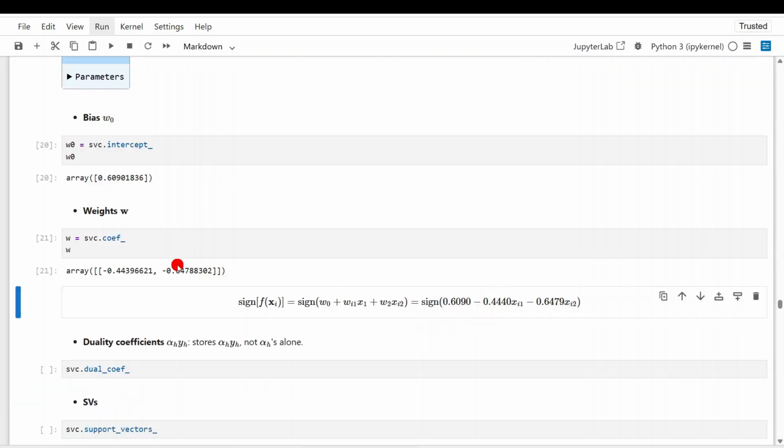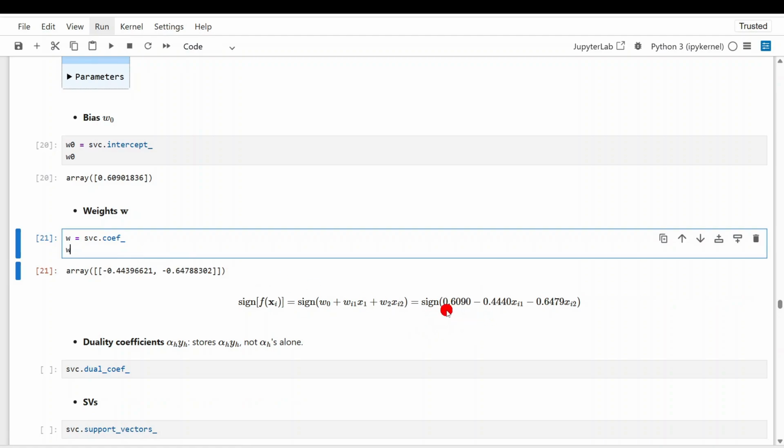But in estimating the decision boundary of the support vector classifier, not all the points contribute. Only some of the points, which are called support vectors, contribute to estimating this decision boundary.